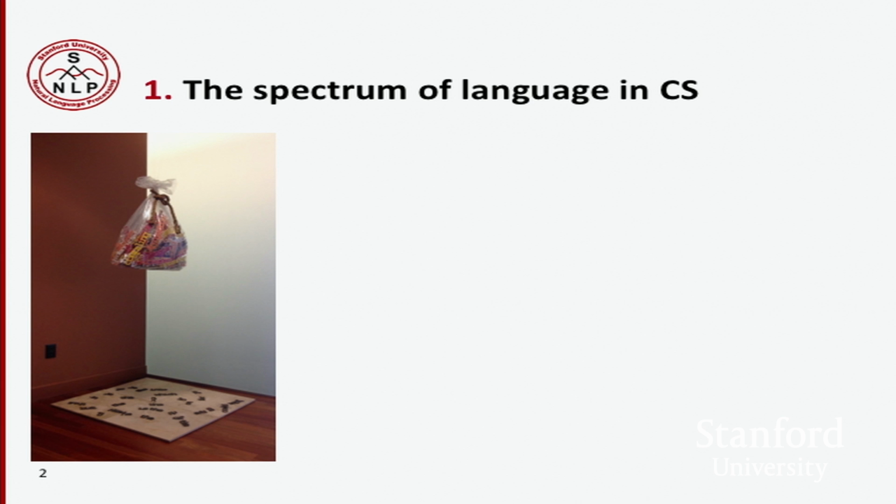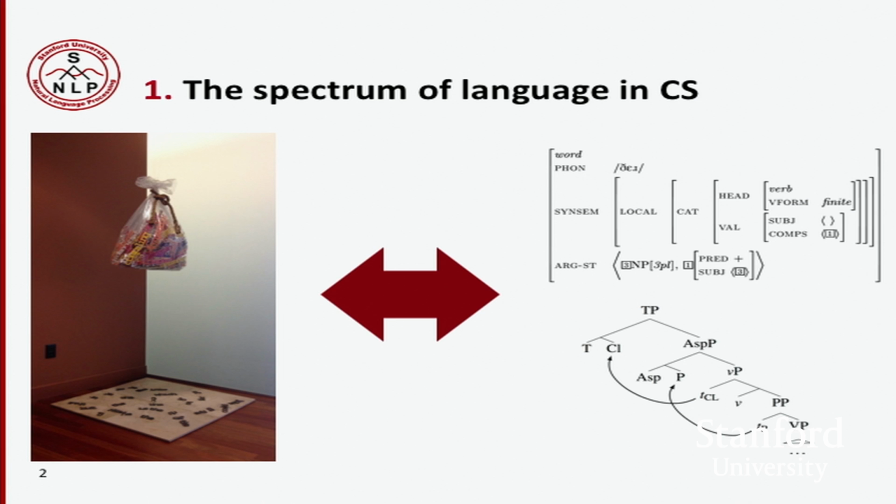On the other hand, in linguistics, and in some computational models, people attempt to use very elaborated structures of language which capture a huge amount of detail. And so you can be at either of those extremes, or you can hope to be somewhere in the middle.